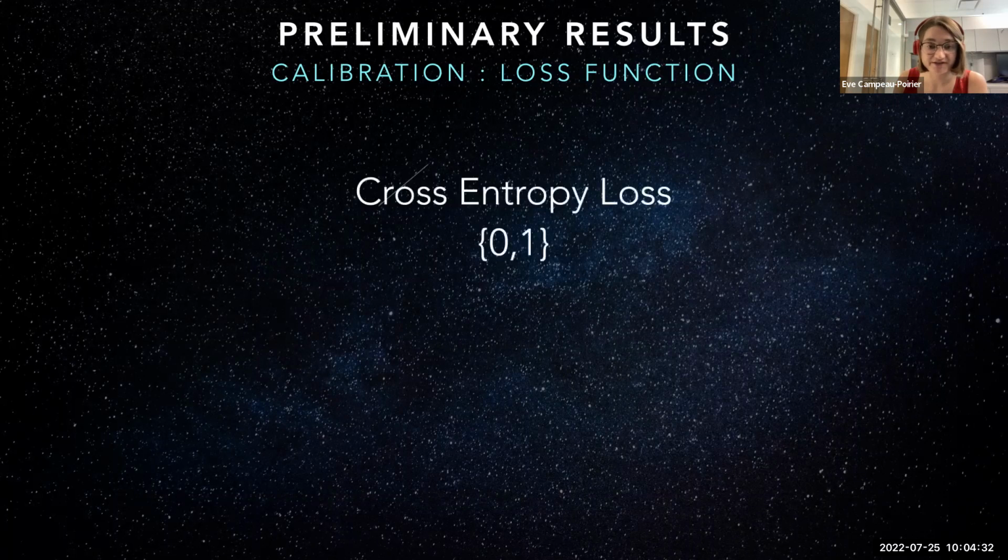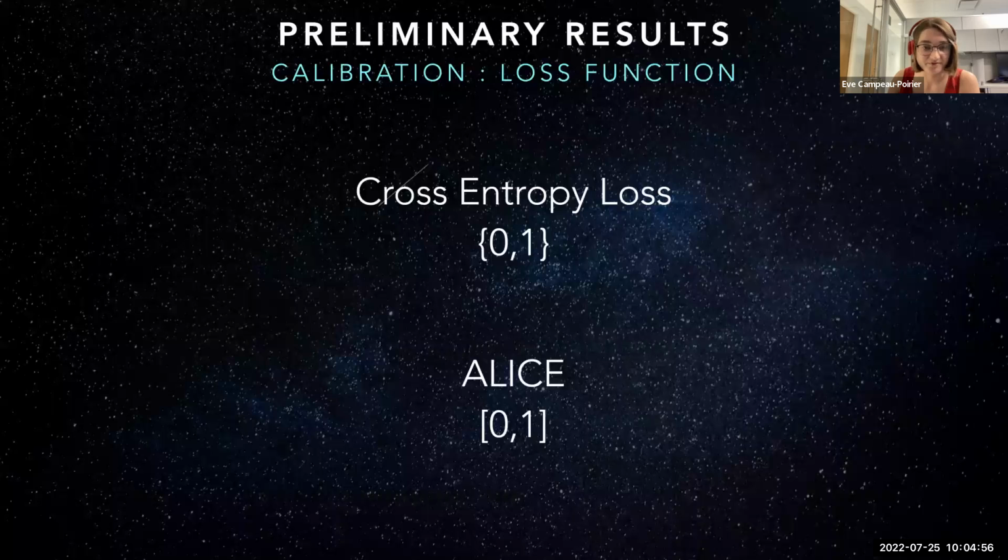We are currently training our neural ratio estimator with a cross entropy loss, which assumes strictly binary classification with one true class. But there is a loss function which considers that there is a non-zero probability for each sample to be part of each class. It would be interesting to try it, since a neural ratio estimator is not only about classifying accurately, but about classifying with the right probability.